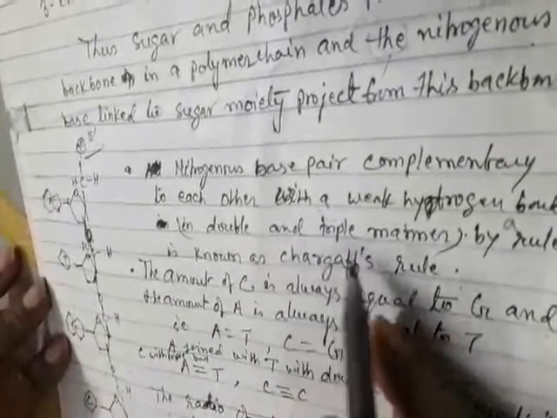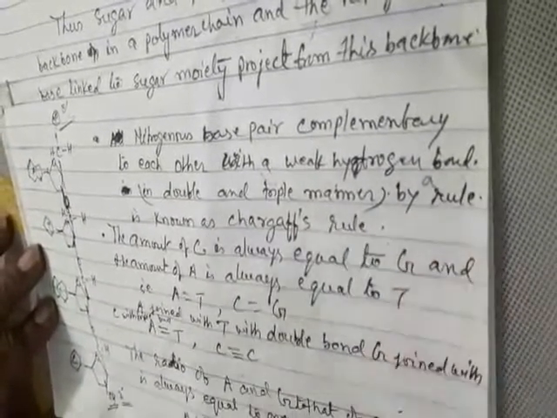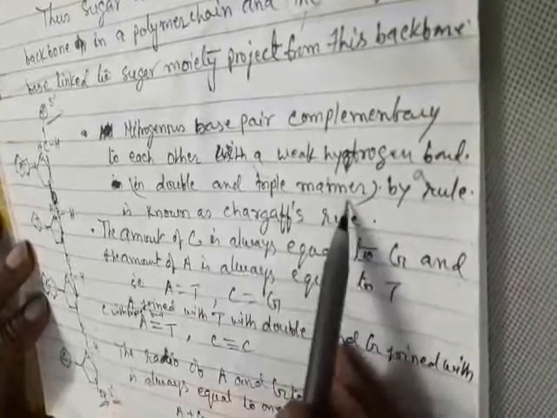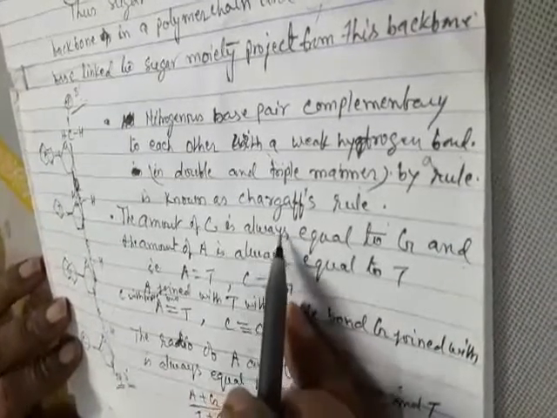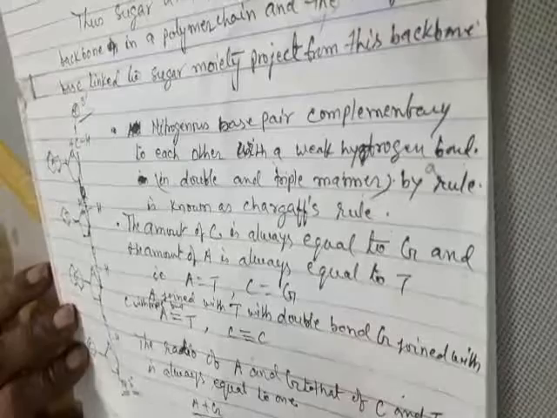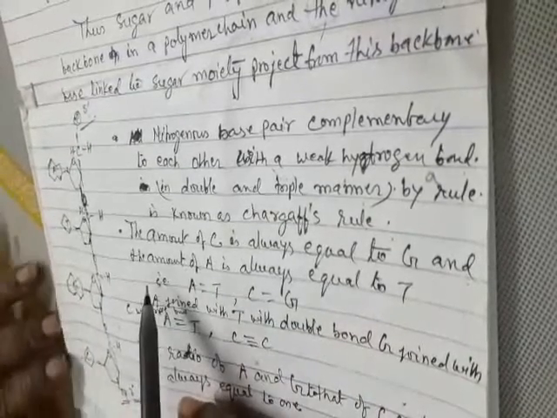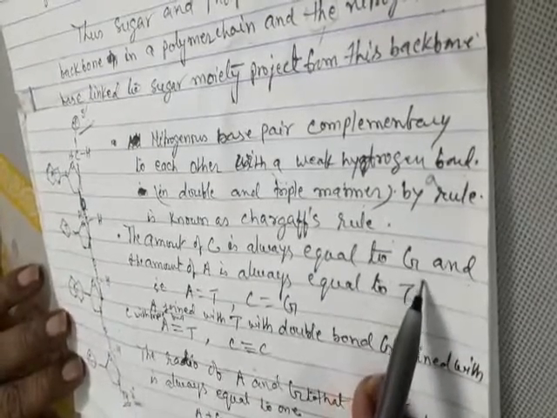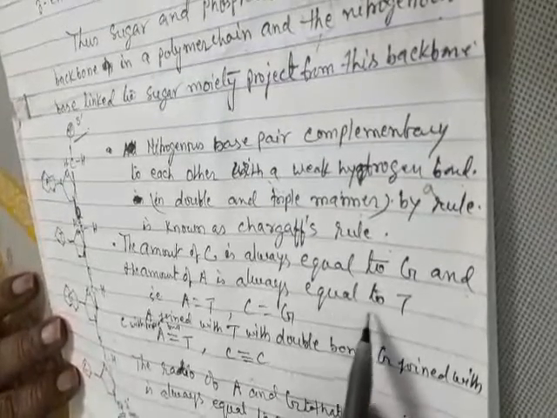Nitrogenous bases pair complementary to each other with hydrogen bonds, present in double and triple manner, by a rule known as Chargaff's rule. According to this rule, the amount of cytosine is always equal to guanine and the amount of adenine is always equal to thymine.